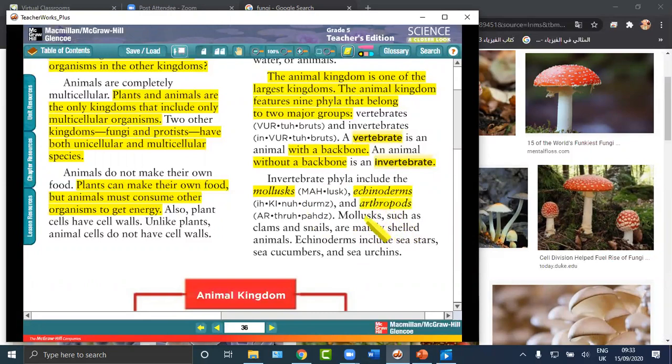Mollusks, such as clams and snails, are mainly shelled animals. Echinoderms include sea stars, sea cucumbers, and sea urchins.